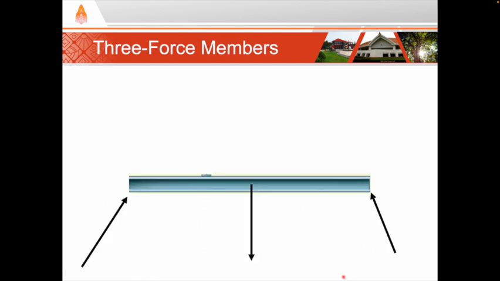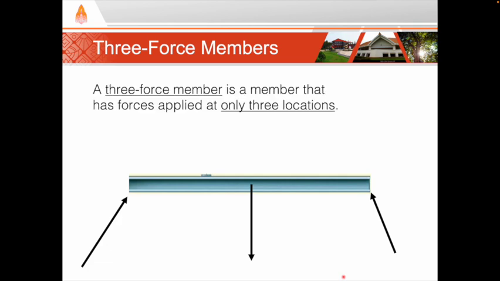A 3-force member has only 3 forces applied to that member. So for example, this beam has 3 forces applied to it. In a 3-force member, there are 2 possible solutions.